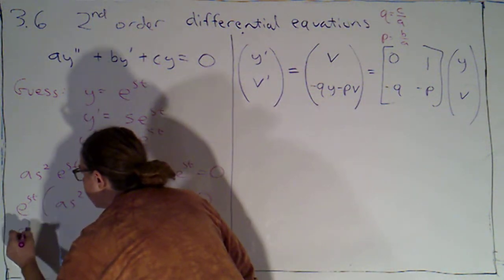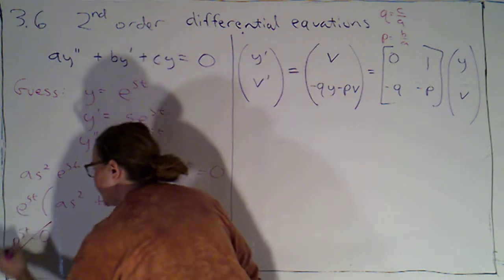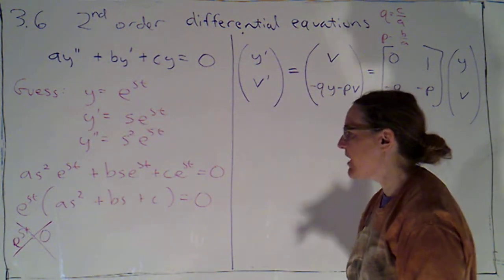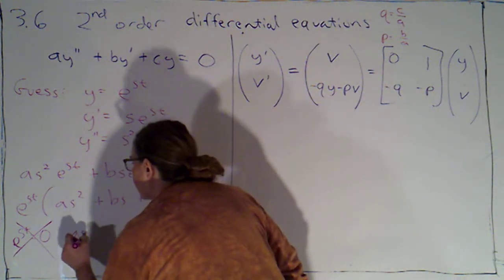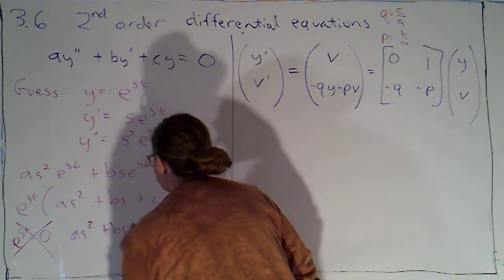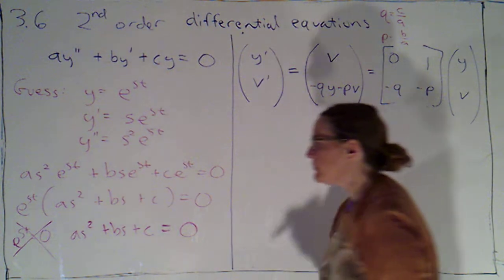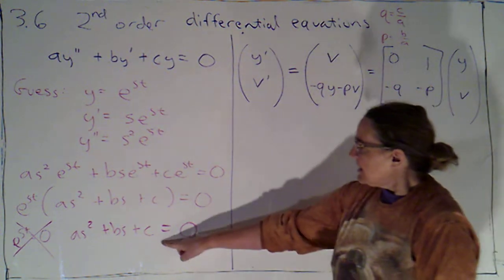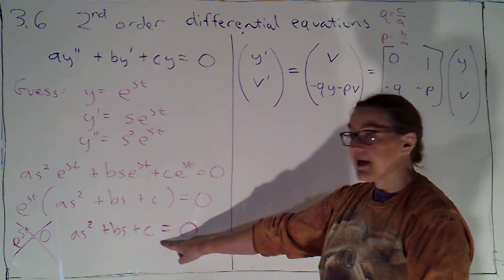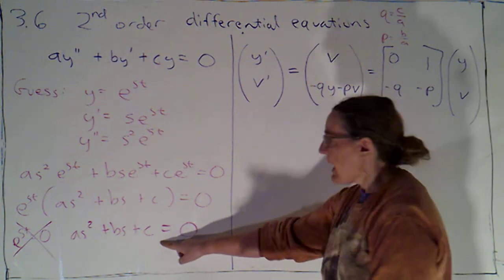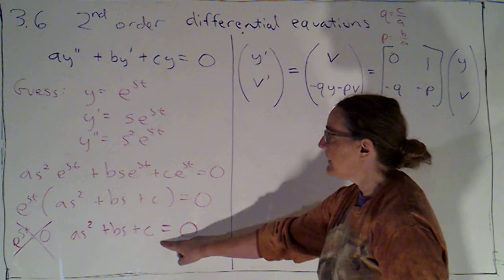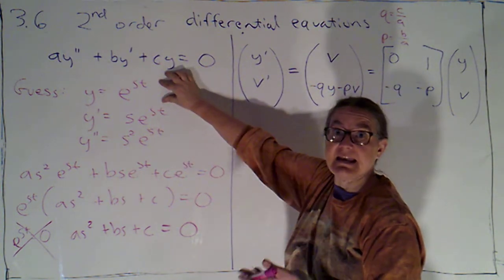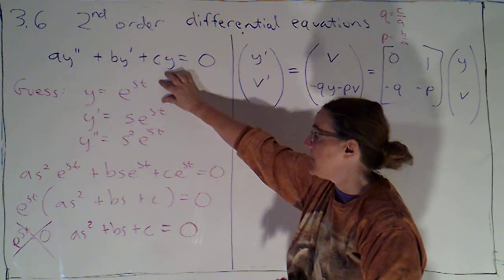So either e to the st equals 0, except I know that it doesn't because e to any power is always positive, or as squared plus bs plus c is equal to 0. Now, that gives me a quadratic equation, and solutions to that are going to be values of s for which e to the st will be a solution to my differential equation.